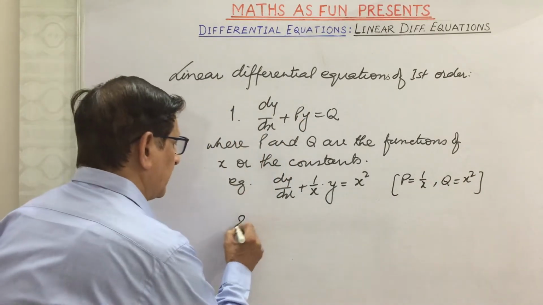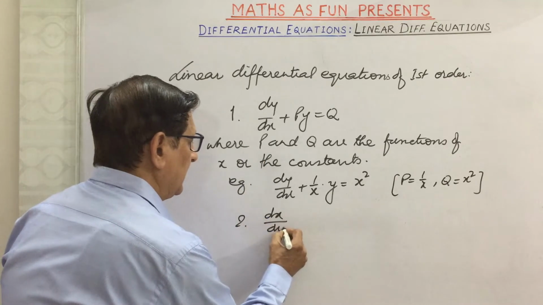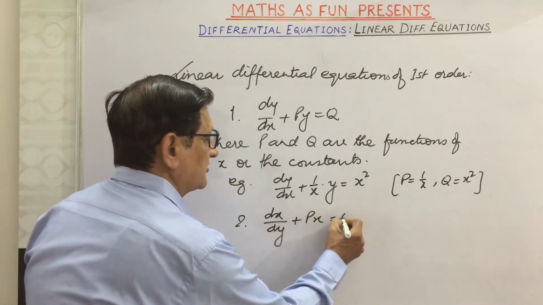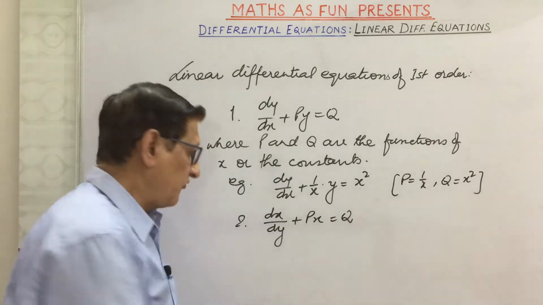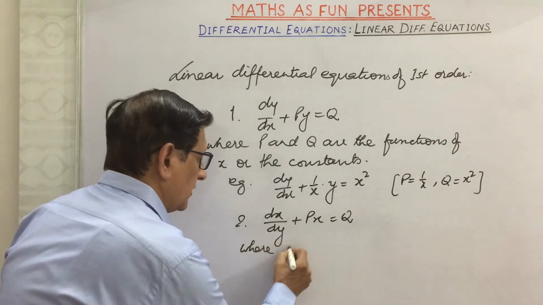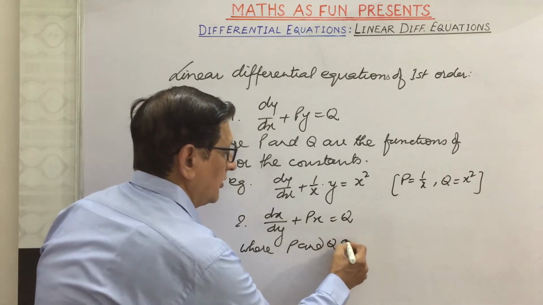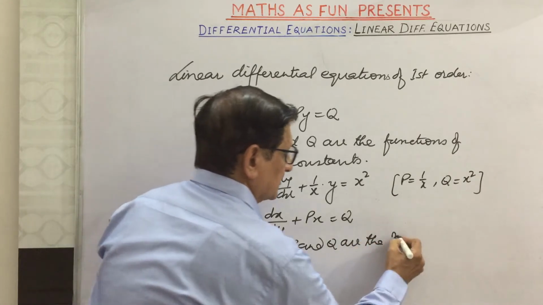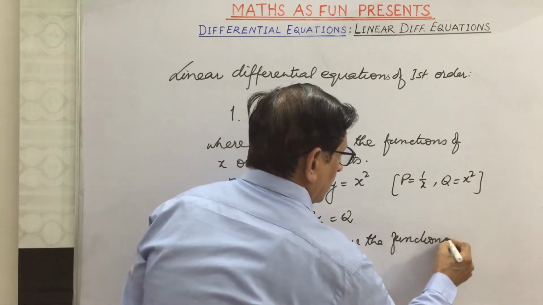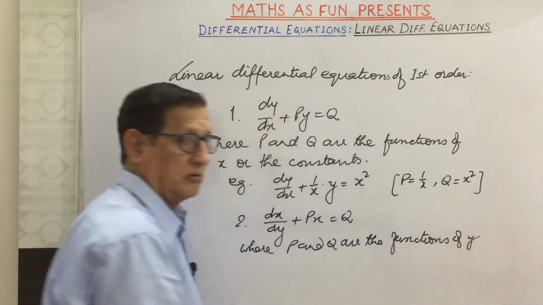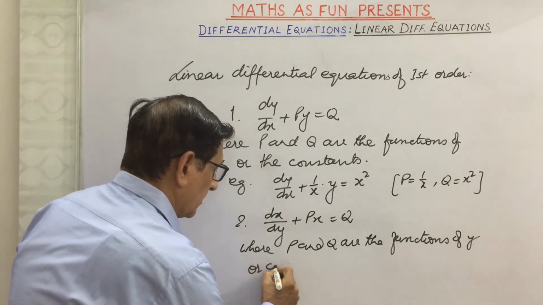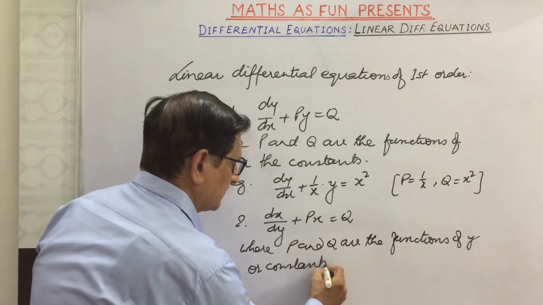The second type is dx upon dy plus px is equal to q, where p and q are functions of y or constants.